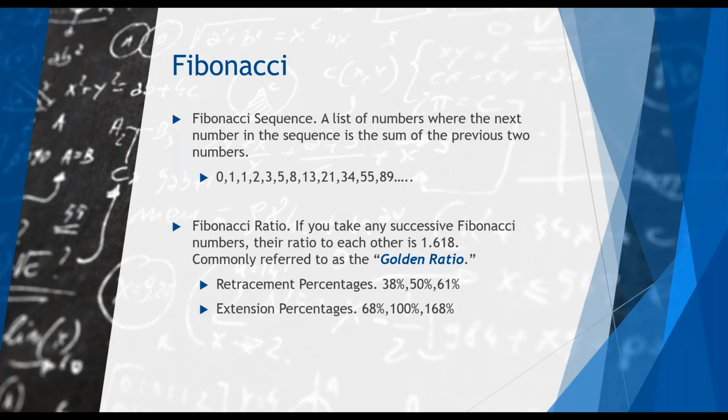So for instance, if I divide 34 into 55, I would get a result of about 1.618. And there are ratios as we go up and down from our numbers. If I go down one number or two numbers, then the ratio will change, but that ratio is consistent no matter what number I pick and no matter what other numbers I move away from it.